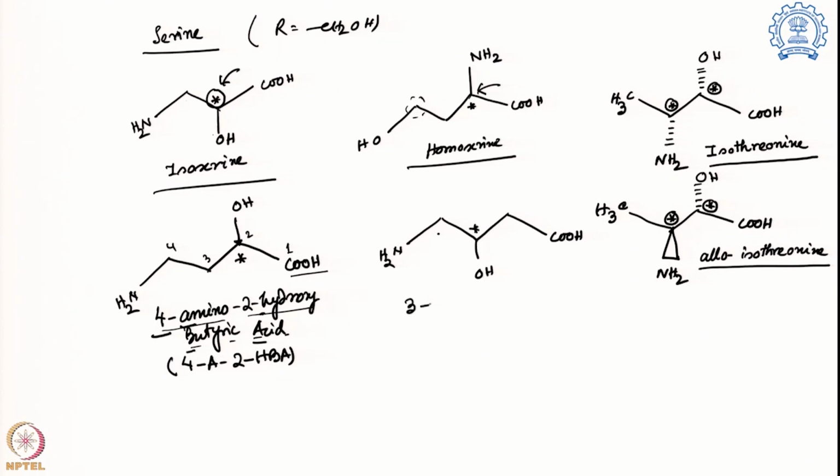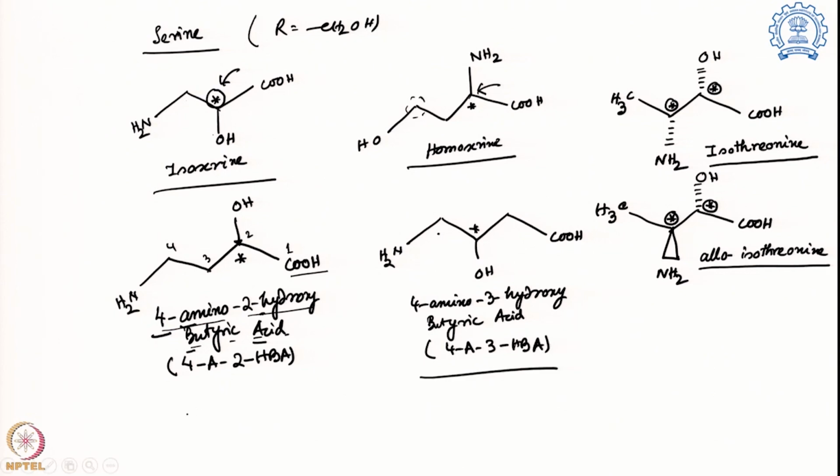The name will be very similar, it is still 4-amino, but 3-hydroxybutyric acid, in short form 4A3HPA. So, this has also been found in the Murchison meteorite.